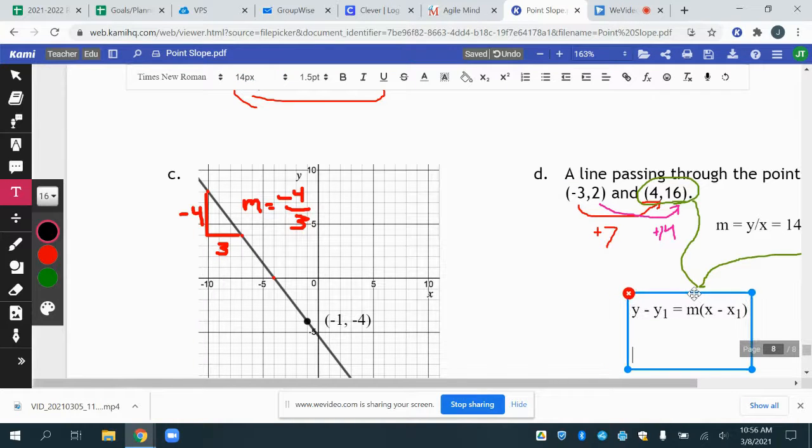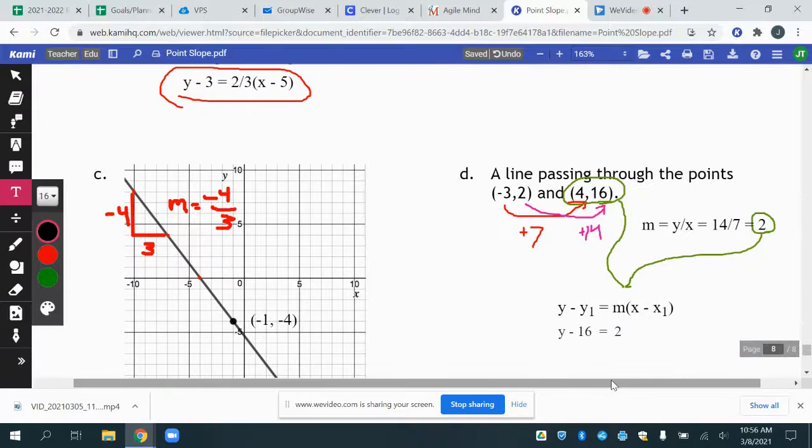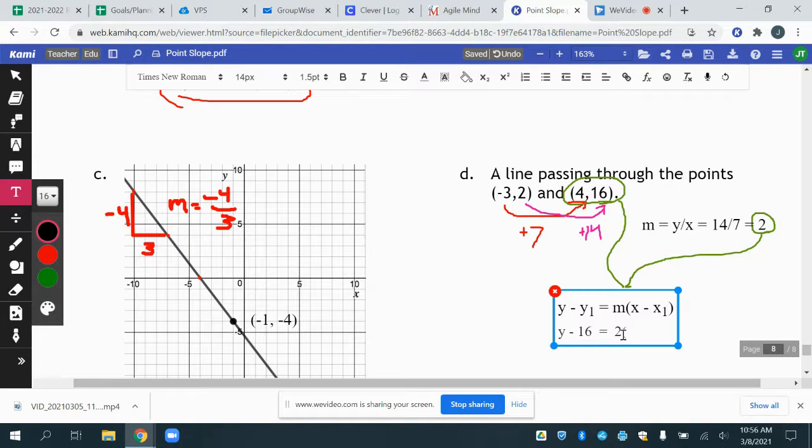All right. So I end up with y minus, well, my y is 16. My slope is 2. It's not on the screen right now, but you can see it now. And my x is 4.